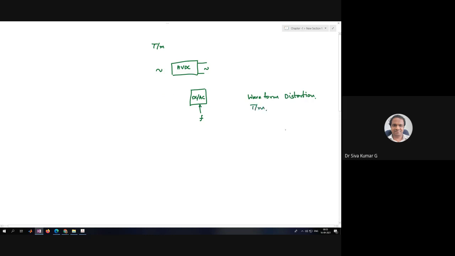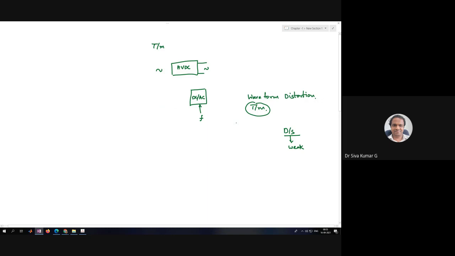In the distribution system only we will be having waveform distortion. One thing I can say is that the distribution system is a weak system, whereas in the transmission system you have a huge amount of power that we are dealing with. It is a much more interconnected system, and a very strong system also.